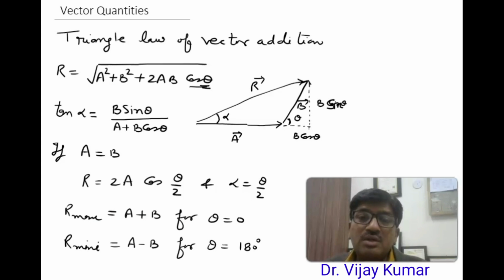Cos 180 is minus 1, so A square plus B square minus 2AB, or we can write under root A minus B whole square, or R minimum is A minus B.